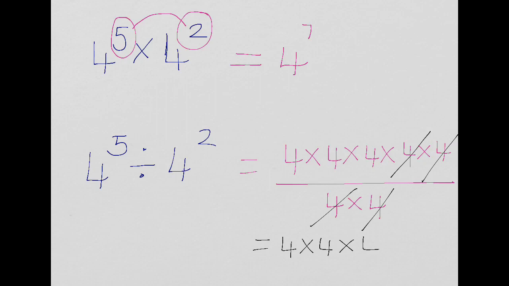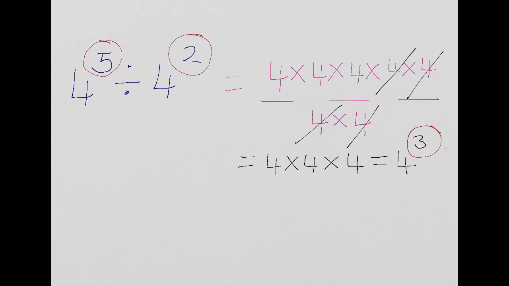And what's that the same as? 4 to the power of 3. Oh, let's look at these numbers. That's 4 to the power of 3, and that's a 5 and a 2. What's the link between 5, 2 and 3? I'm hoping you're seeing it's subtraction.